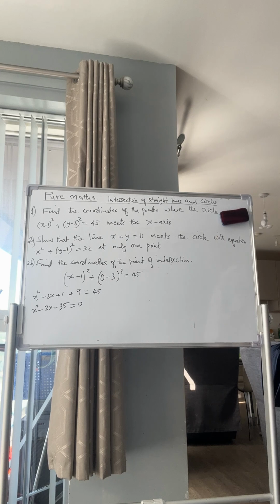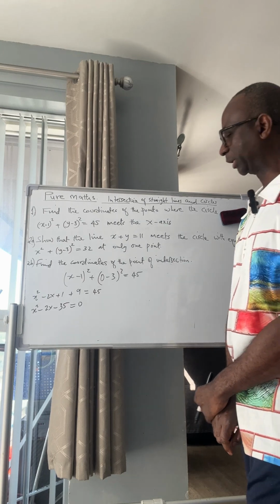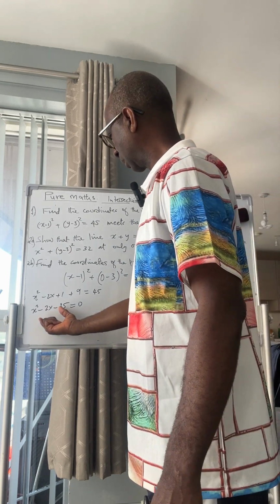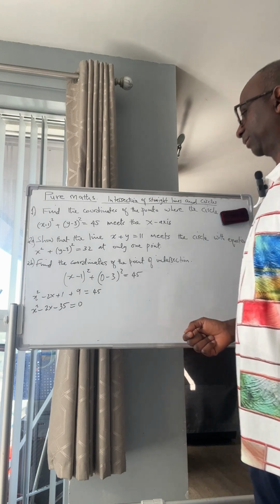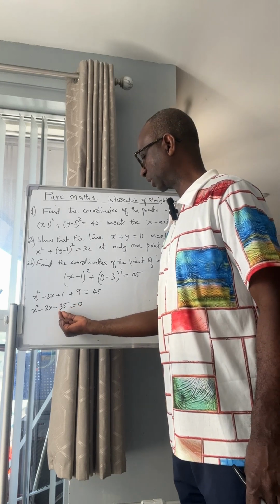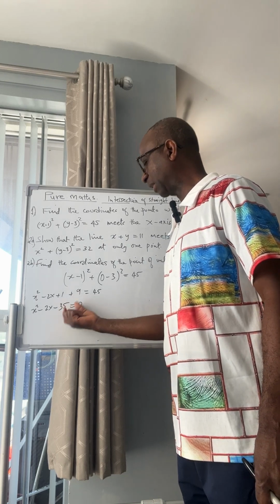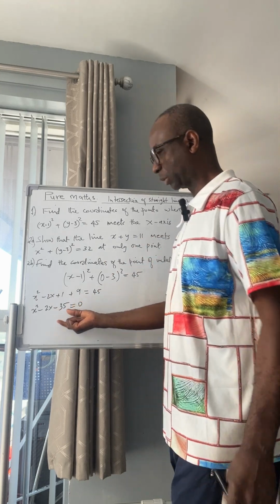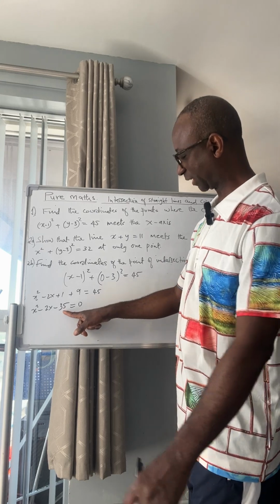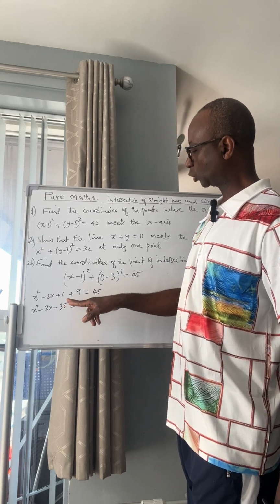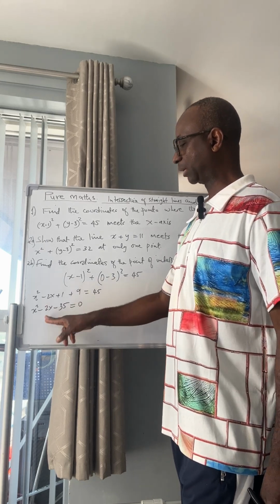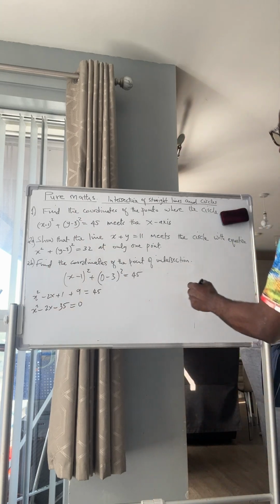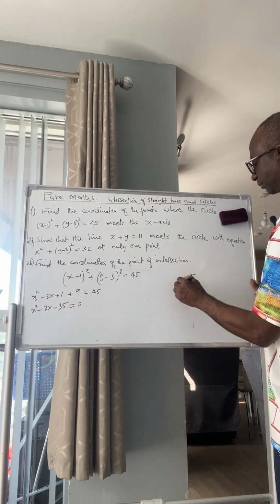Now we go to a quadratic equation to solve. Quickly, we'll solve this by factorization method. You find two numbers which, when you multiply them, you get −35, but when you add them up, you get −2.